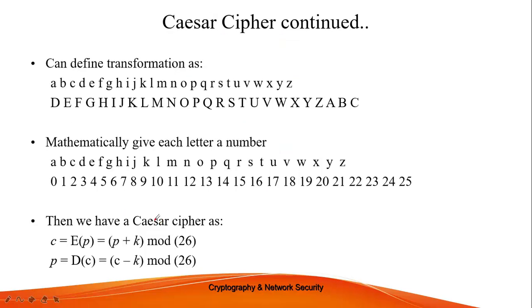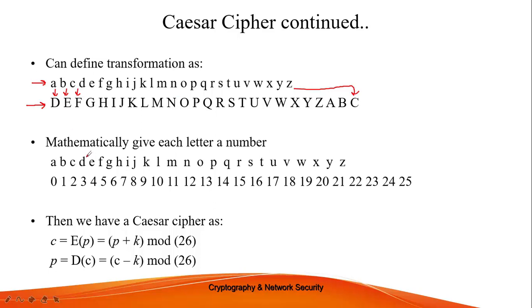Further, we can also define this mathematically. This is our mapping, or transformation. A will be mapped to D, B to E, C to F, and so on, and Z will be mapped to C. These are the 26 letters of the English alphabet, and we are mapping them by shifting 3 letters down.